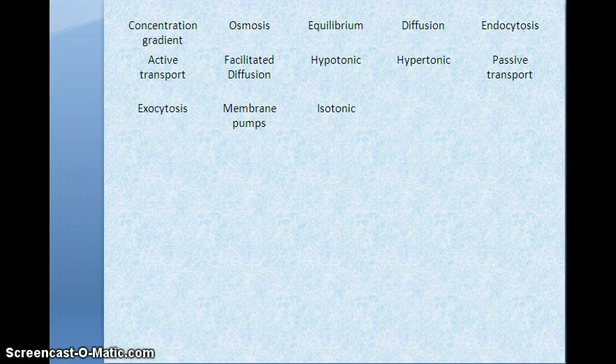And isotonic. What I'd like for you to do is to place them in 2 categories. One category is passive and one is active. And then break it down. Which ones are passive? Give me an example of the 3 types of passive and the 3 types of active using these words.